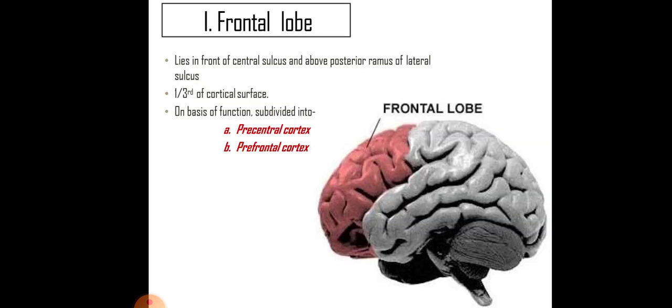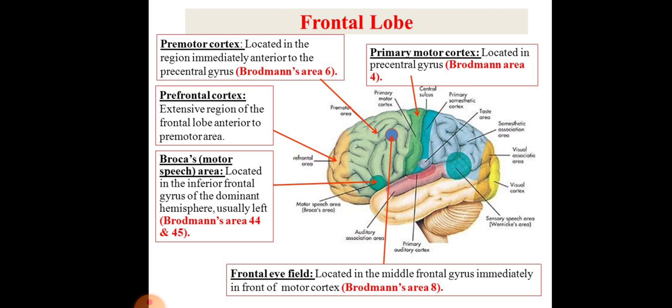Now the different areas in the frontal lobe are: the frontal lobe lies in front of the central sulcus and above the posterior ramus of the lateral sulcus. It is 1/3 of the cortical surface, and on the basis of function it is divided into precentral cortex and prefrontal cortex. So the frontal lobe has the premotor cortex, which is located in the region immediately anterior to the precentral gyrus, that is area number 6.